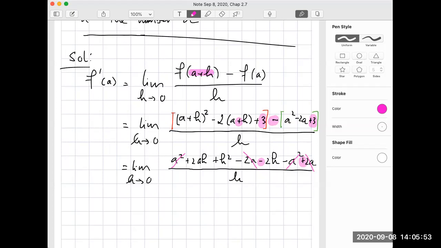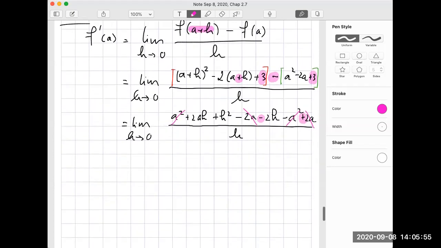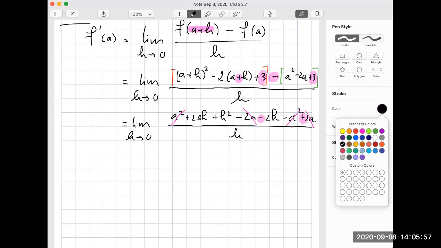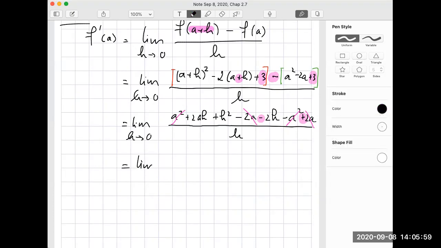Okay, so let us rewrite it. It becomes limit when h approaches 0 of 2ah plus h squared minus 2h, and the denominator is simply h here.